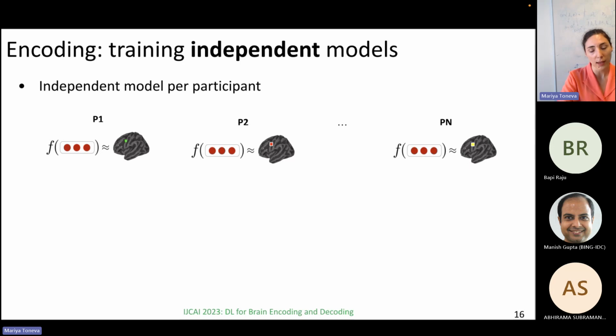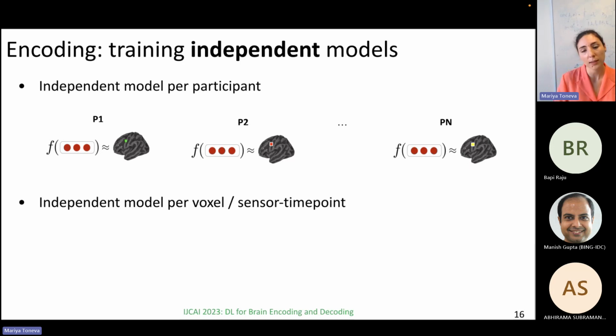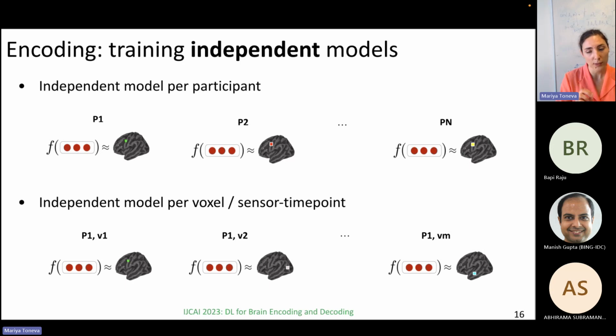So for example, if we had n participants in a particular data set, then we would train an encoding model f for participant 1 and a different function f for participant 2, and so on until participant n. Another thing I wanted to make clear here as well is that very often these works also train an independent model for each different XYZ coordinate or sensor time point in the brain.